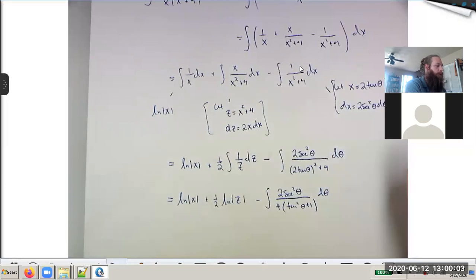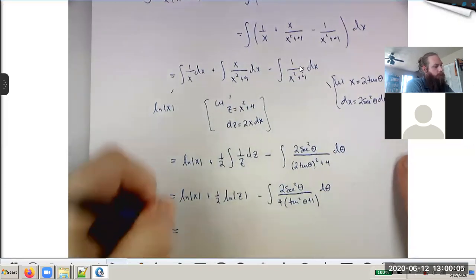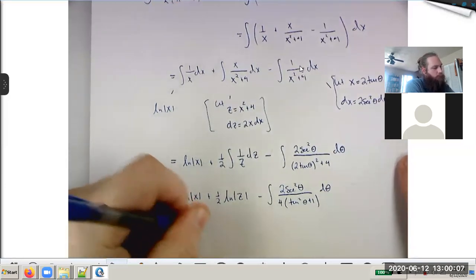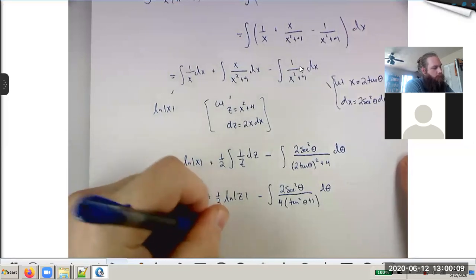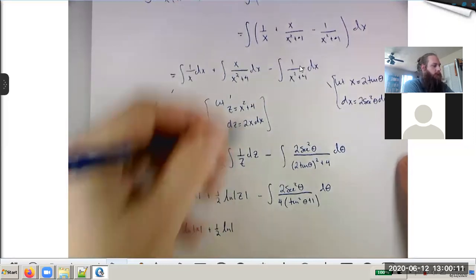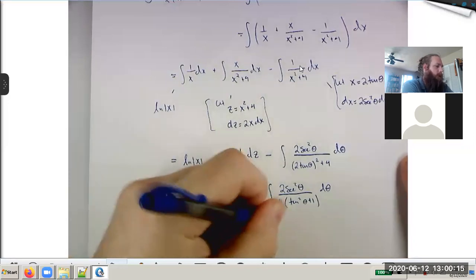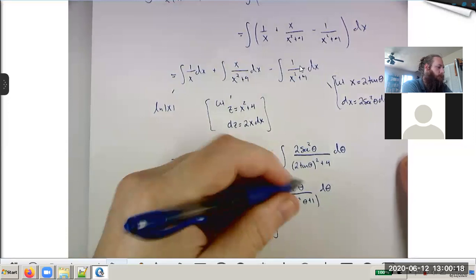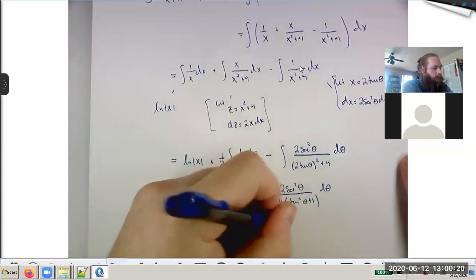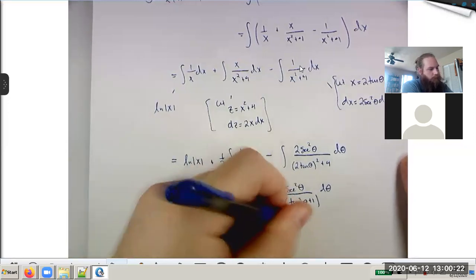Tan squared theta plus 1 is secant squared, so that will cancel with the numerator. I'll write the ln of z here as x squared plus 4 because that's what z was. And this guy becomes 2 secant squared theta over 4 secant squared theta. That's just the integral of 1/2 d theta.